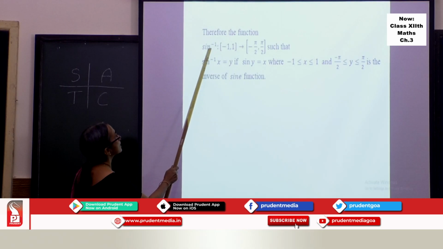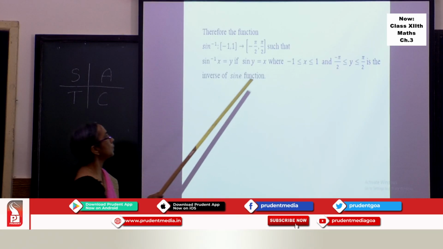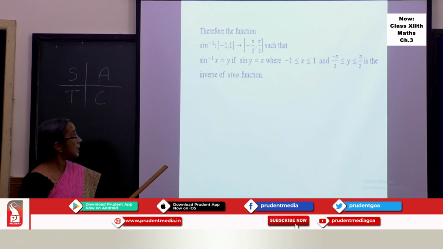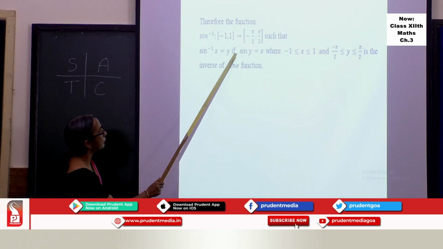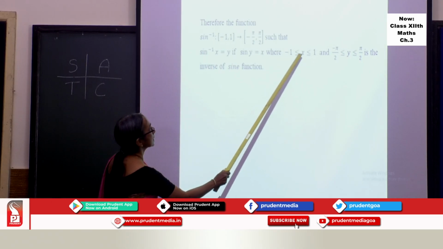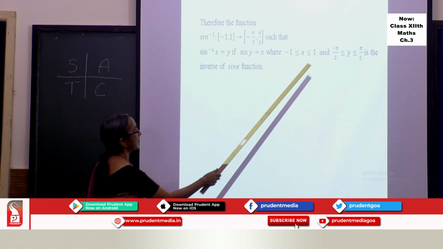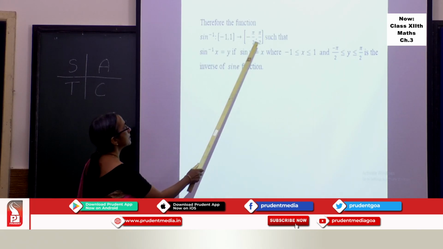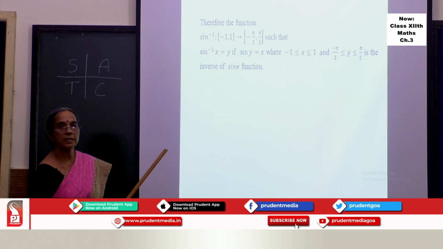Similarly, sine inverse is a function from the closed interval minus 1 to 1 to the closed interval minus pi by 2 to pi by 2, such that sine inverse of x is equal to y if sin y is equal to x, where x is between minus 1 and 1 including minus 1 and 1, and minus pi by 2 less than or equal to y less than or equal to pi by 2, means y is in this set. This is the inverse of the sine function.